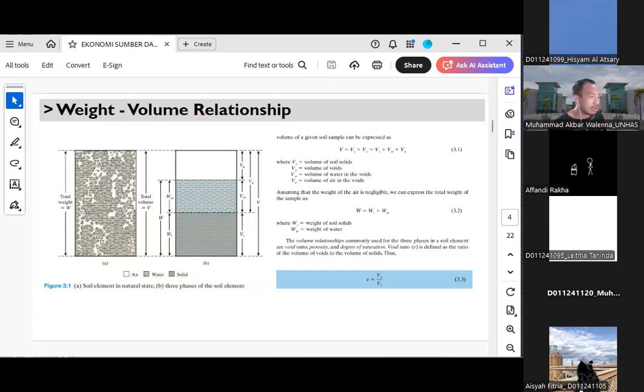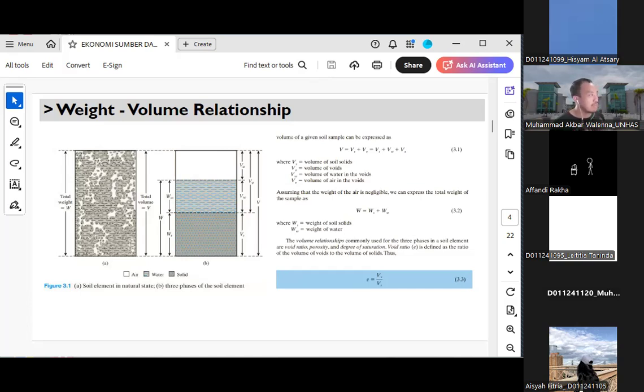They don't carry any weight, so the weight of air is most of the time excluded from the calculation. And lastly, void ratio tells us how much empty space there is in the soil in comparison to the space occupied by the solids.